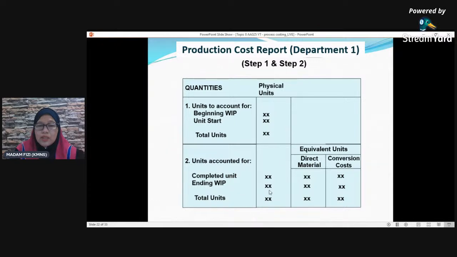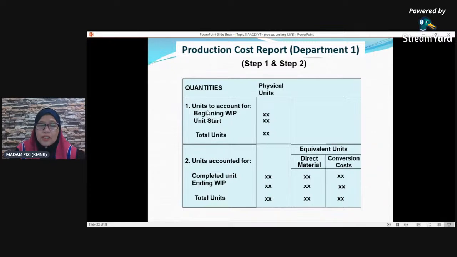For this one, you have to divide, macam saya kata tadi, 2, that is the direct material and the conversion cost. Dekat sini kita tulis unit sahaja. Dekat sini jangan tulis cost lagi.